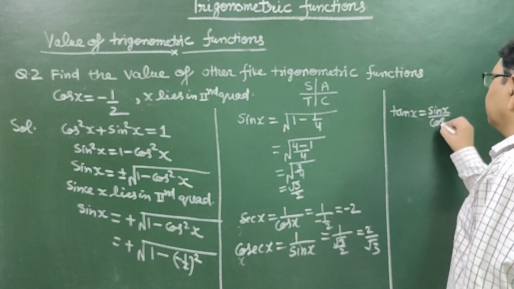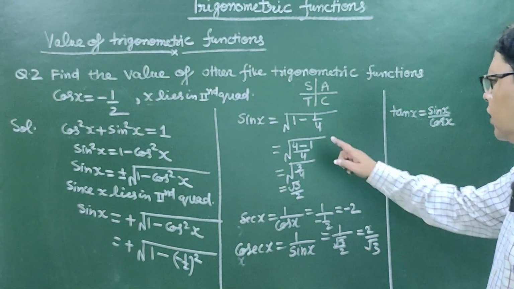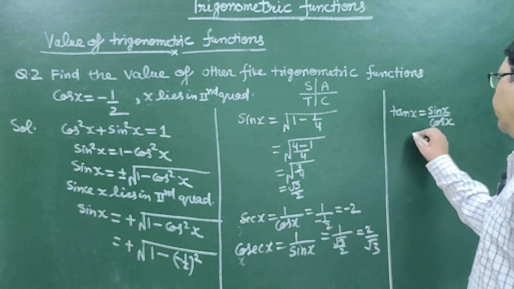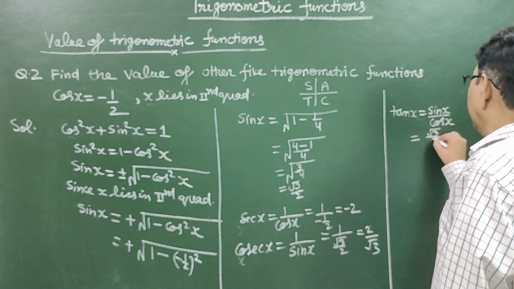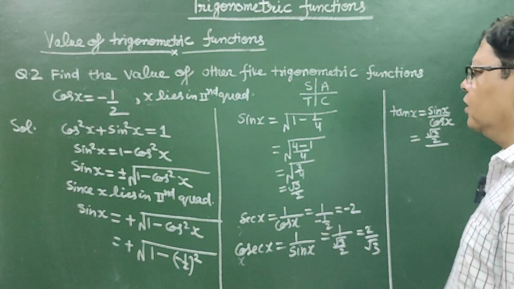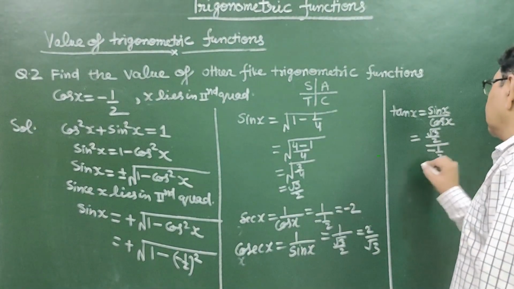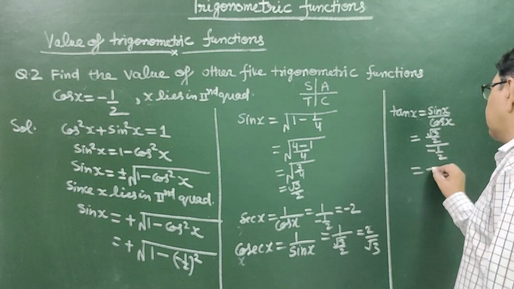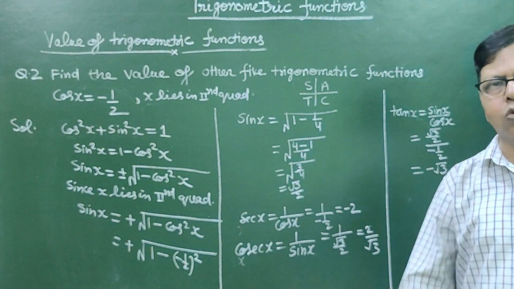No need to give the sign to tan x because the sign we have already considered in sin and cos. So sin x is root 3 upon 2, and the value of cos x is minus 1 upon 2. So the 2 and 2 get cancelled, giving minus root 3. So the value of tan x is minus root 3.